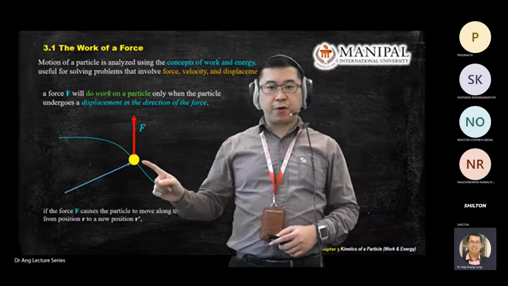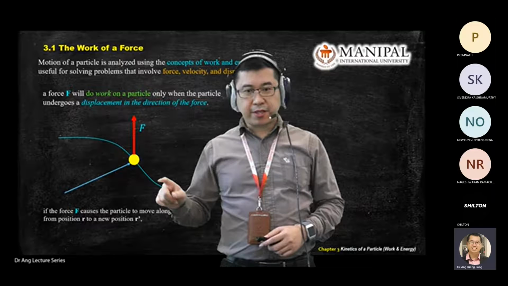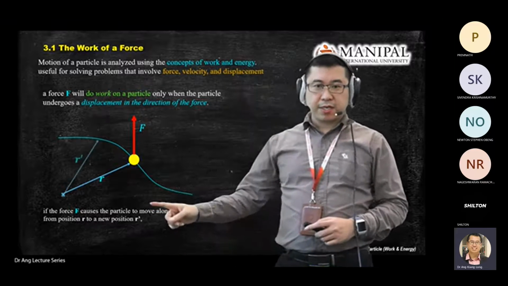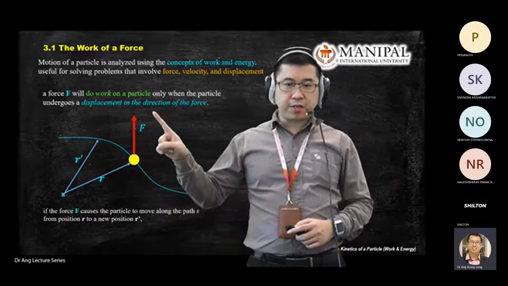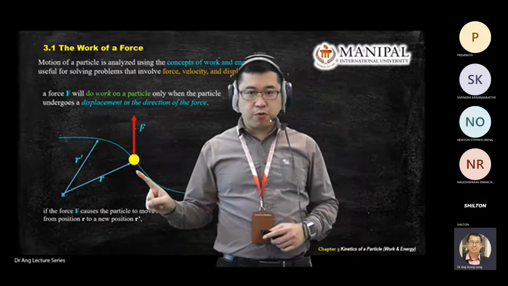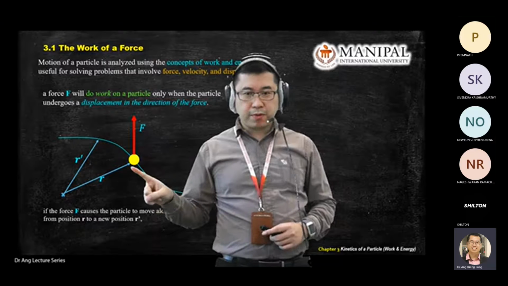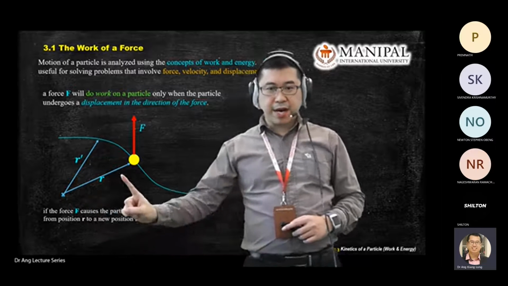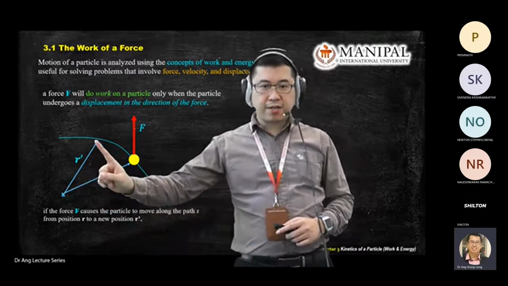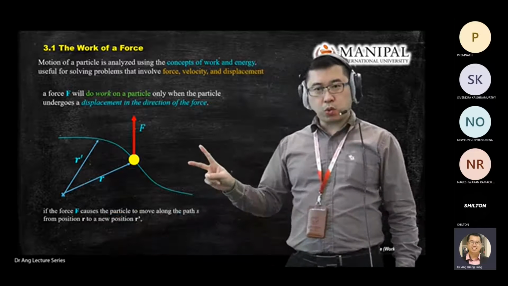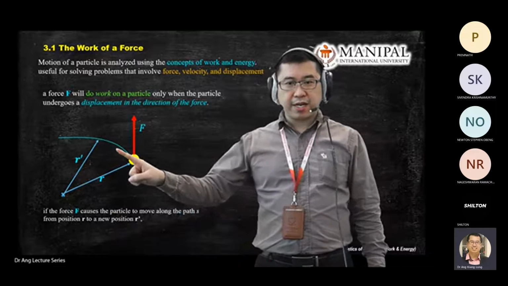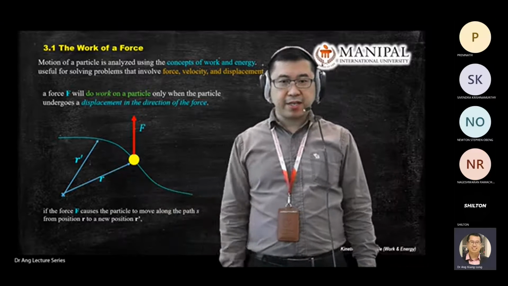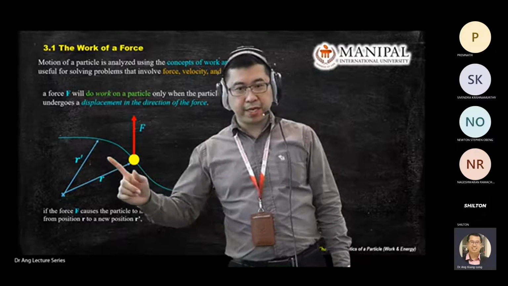Because of this force, the particle moves from one location to another, defined by R and R prime. We have two locations here, 1 and 2. When you have two different points, you have a displacement happening in the system.